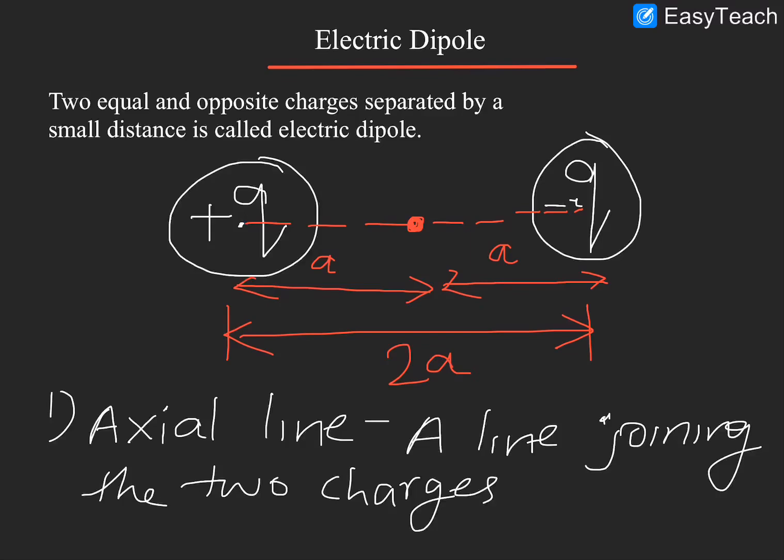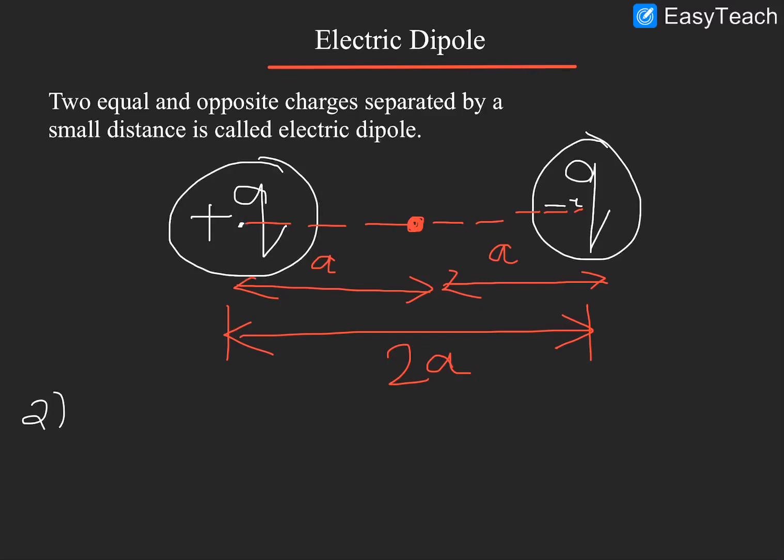Just like dipole length, which I already explained, there are two lines in the case of an electric dipole which you can define. First one is axial line. It is a line connecting both the charges. Now the second one, equatorial line.